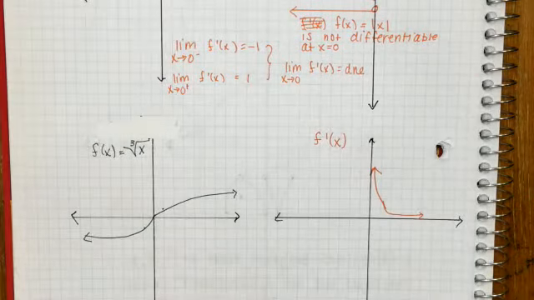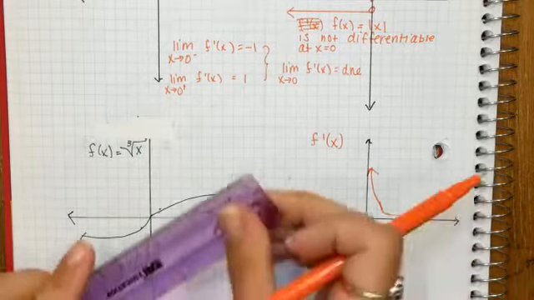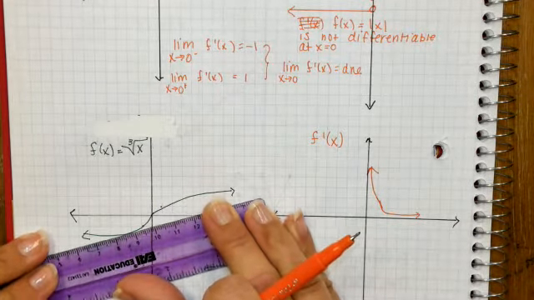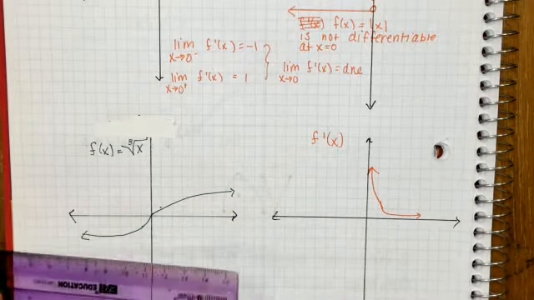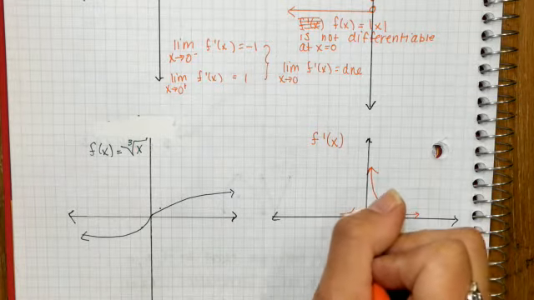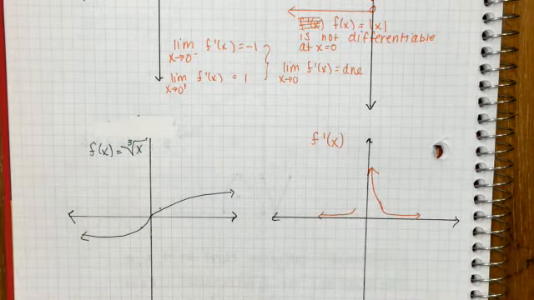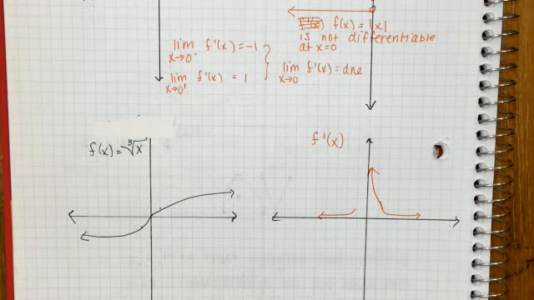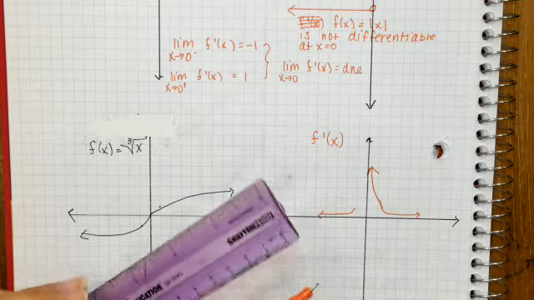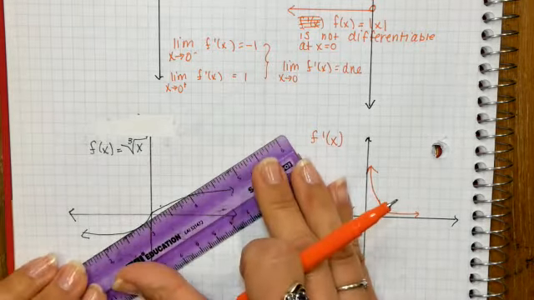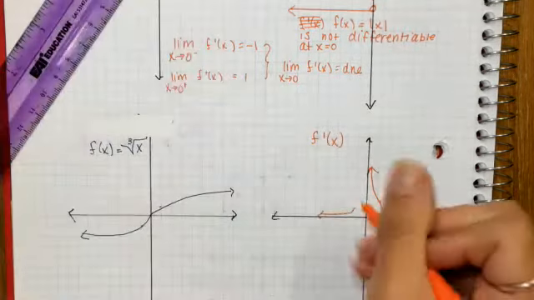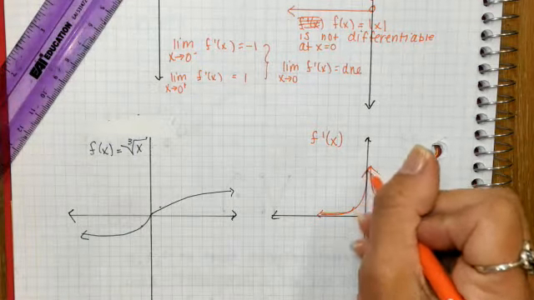And the same thing is true when x is negative. When x is getting to a larger negative value, the tangent lines are approaching a slope of 0. And between -1 and 0, the slopes are getting steeper and steeper in the positive direction. So those are approaching positive infinity.